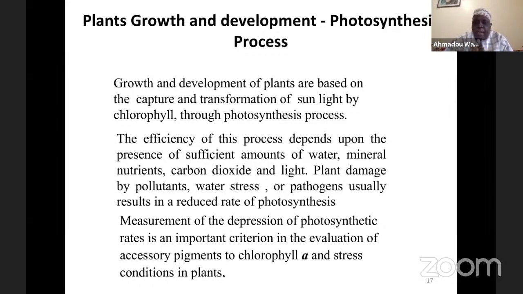So plant damage by pollutant, water stress, or pathogen usually results in a reduction of photosynthesis rate. This is why the measurement of the depression of photosynthetic rate is an important criterion in the evaluation of accessory pigment to chlorophyll A and stress conditions in plants.